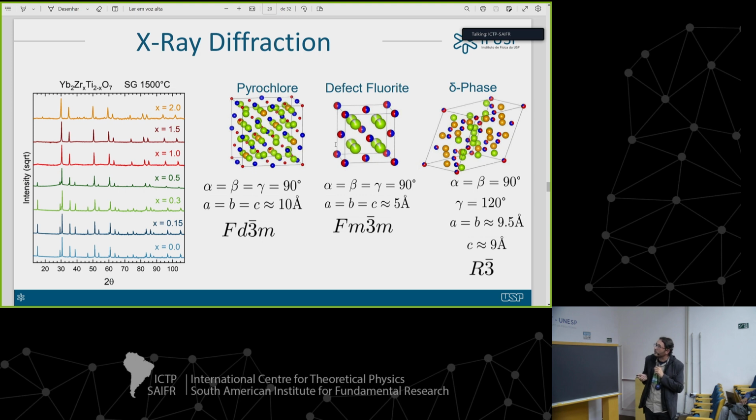And upon increasing the X value, we go to an even less symmetric and still disordered structure, this delta phase, which is a rhombohedral system.